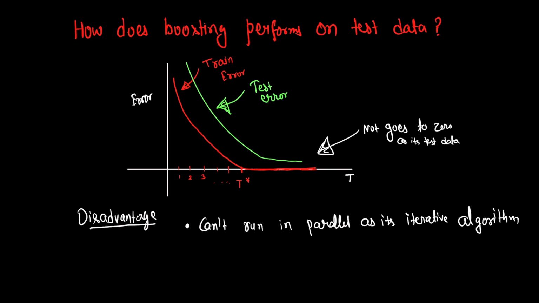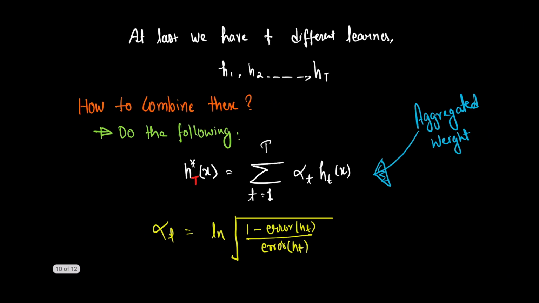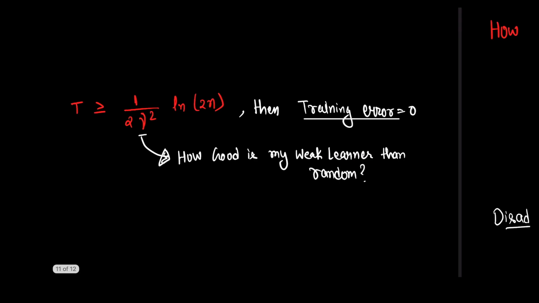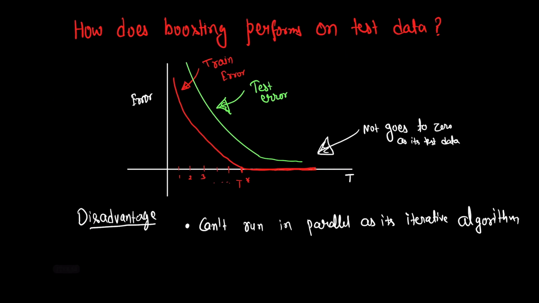Now how does boosting perform on test data? Basically we did this for training data, and we got the condition that if this holds, we will get zero training error. Then how will it perform on test data? So let's say we have this plot, and this red line is the training error which our algorithm was making.